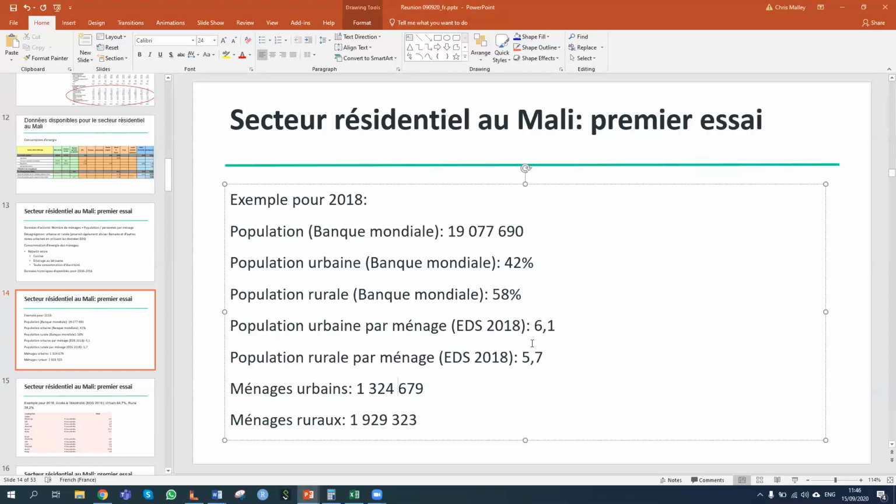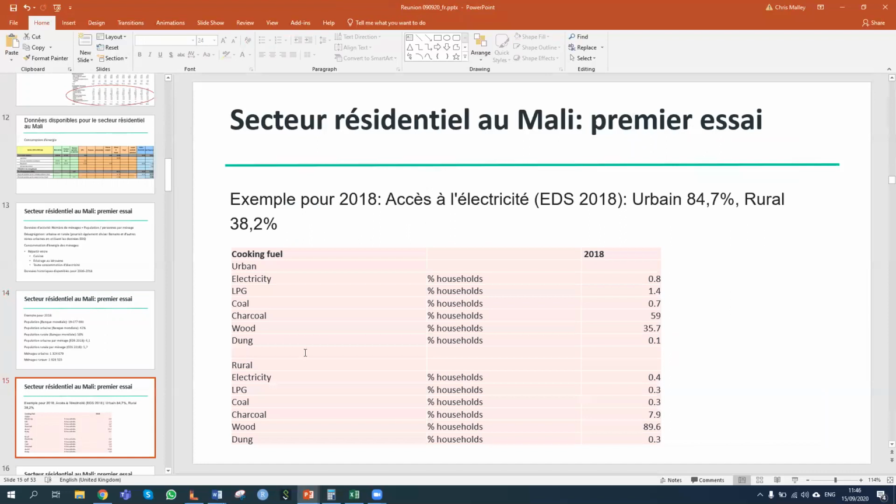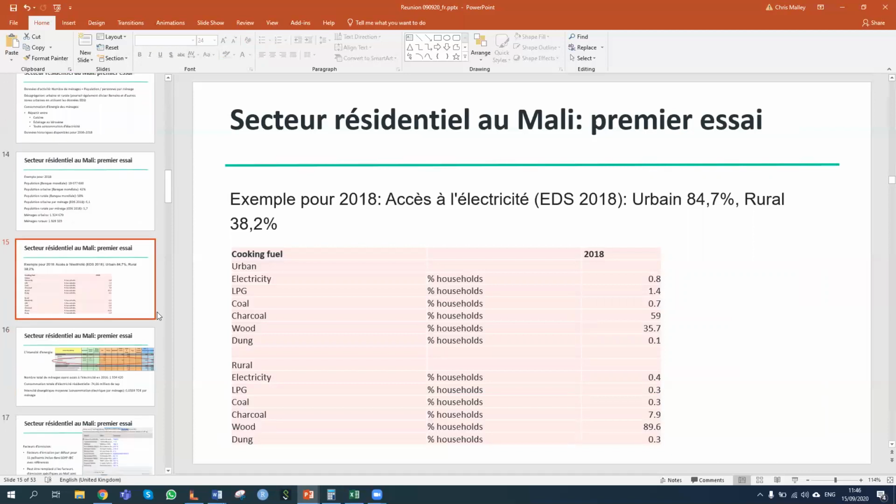And we can do the same for rural households to get the number of rural households. So we now know how many households we have in urban areas and how many we have in rural areas. Next, we have information on the percentage of those households in urban and rural areas with access to electricity, 84.7% and 38.2% in 2018 in urban and rural areas, and the percentage of households who use different types of fuels and technologies for cooking.